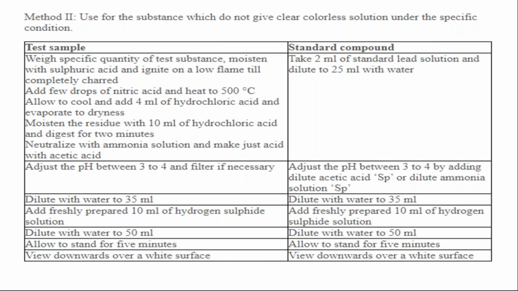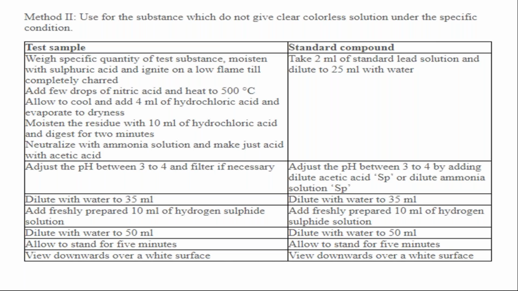After this is done, you're going to adjust the pH to 3 to 4. So this is basically the difference between your method 1 and method 2, because the substance did not give a clear solution when you followed method 1. Because of that, you're going to follow method 2, that is by charring and boiling.